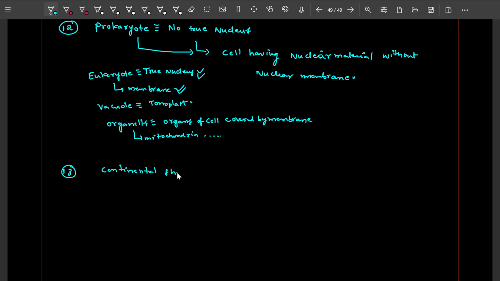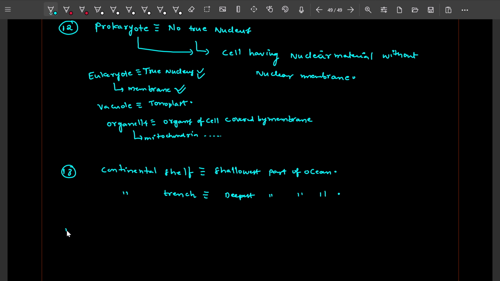This continental shelf is the shallowest part of the ocean. And the continental trench is there, no? The continental trench is the deepest part of the ocean. These are the things we have to remember.